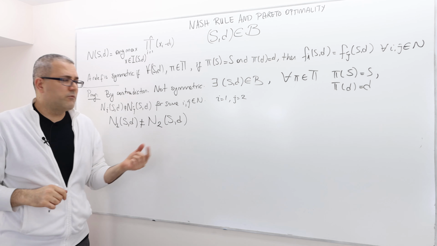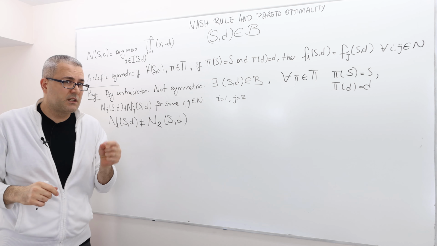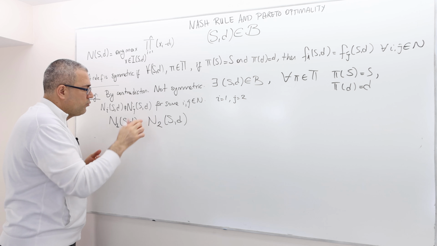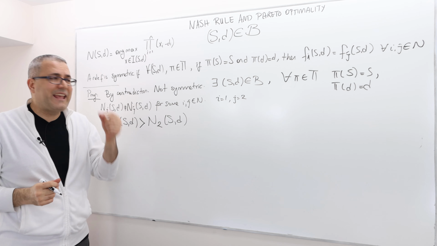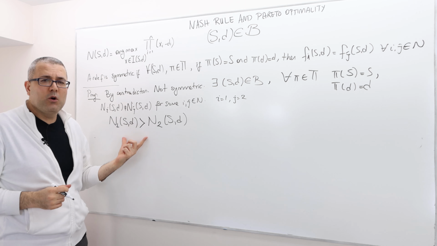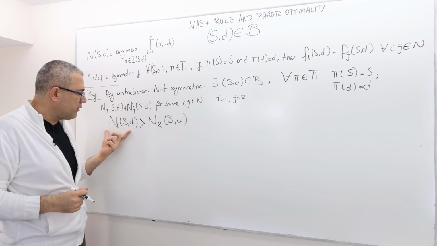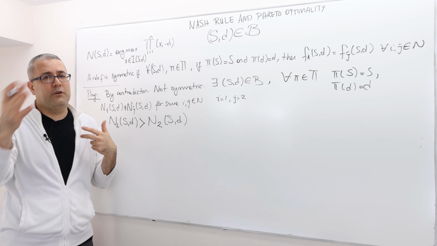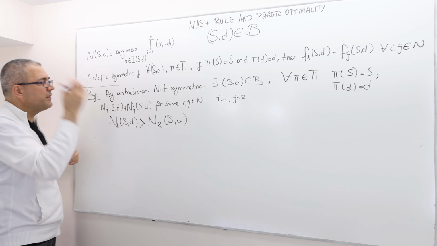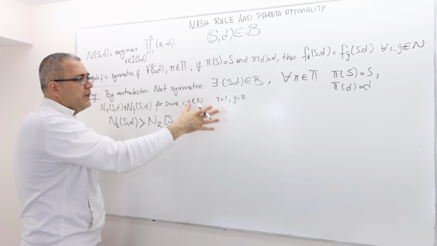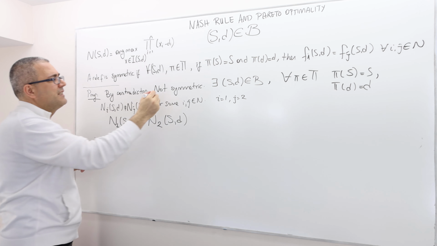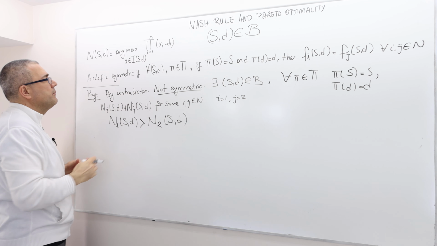Well, if they're not the same, remember these are real numbers, then one of them is greater than the other one. And again, without loss of generality, suppose this is true. So player 1 gets a bigger share than player 2. What about other players? I don't know, I don't care. So that's what it means if the Nash rule is not symmetric.